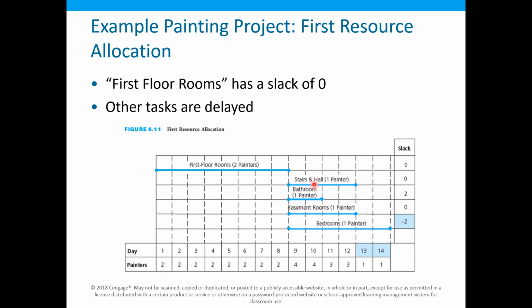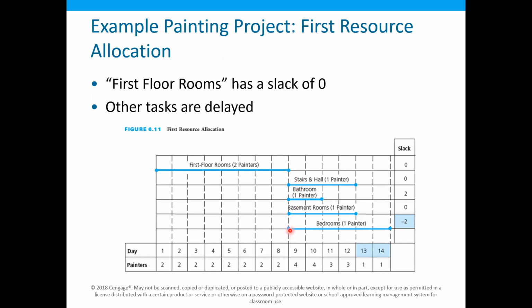If these two priorities are equal, then the third priority is that we choose the activity with the lowest ID in that project. Although we have not shown any IDs, most likely this activity has an ID of 1, this one an ID of 2, 3, 4, and so on. That means the activity which comes earlier in the serial list of the project. So we can decide that we will schedule this stair and hall activity.